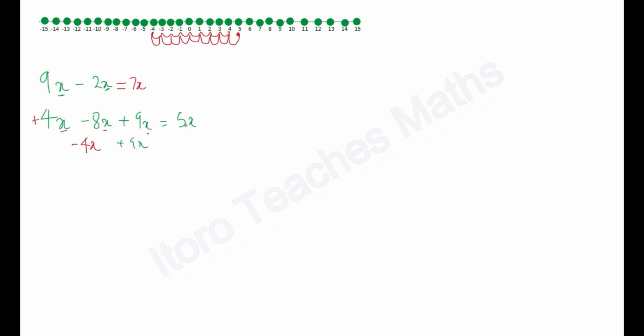Another way you can do this is to make it a bit easier for you. If there's so many numbers like this and it's a bit confusing, put all the ones with a plus first. So rewrite it and put all the ones with the plus first and put all the ones with the minus later on. So what I mean by that is you can start with 4x.